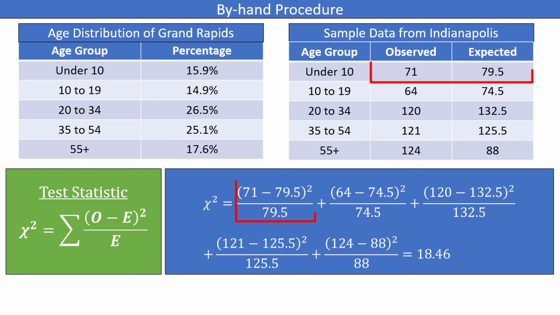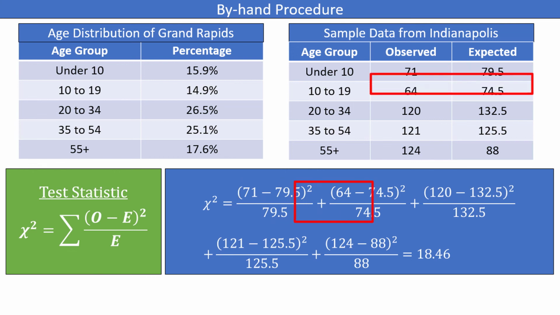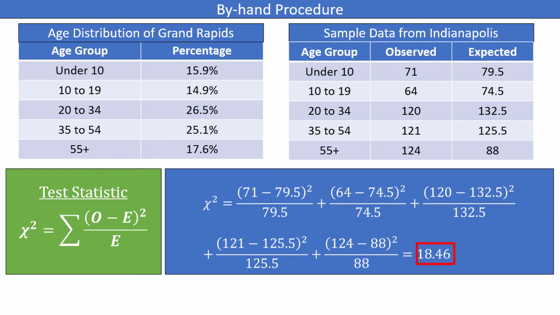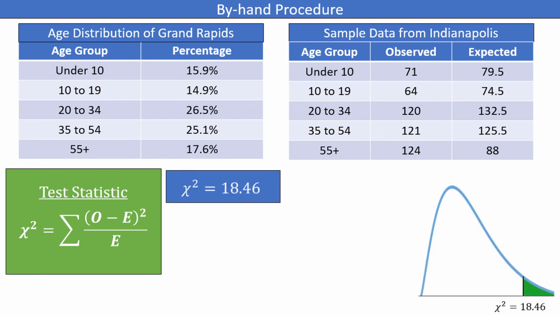Take 71 and subtract 79.5, square your answer, and then divide by 79.5, then add to that 64 minus 74.5 squared divided by 74.5, etc. for all 5 categories. When you add all of those values together, you get what is called the chi-square test statistic of 18.46.